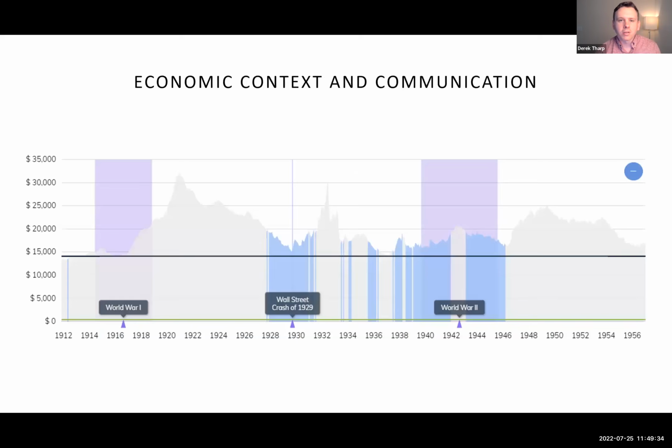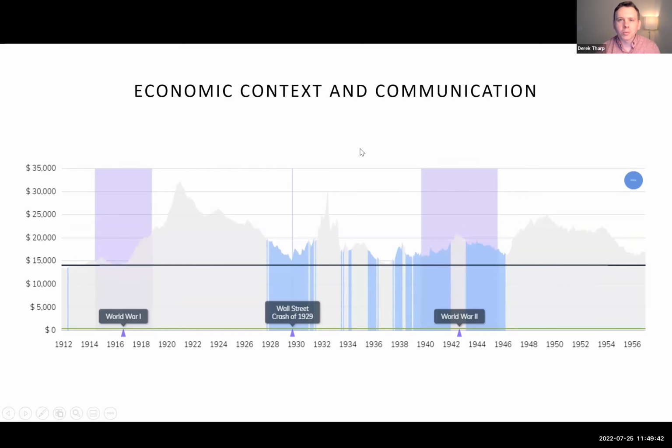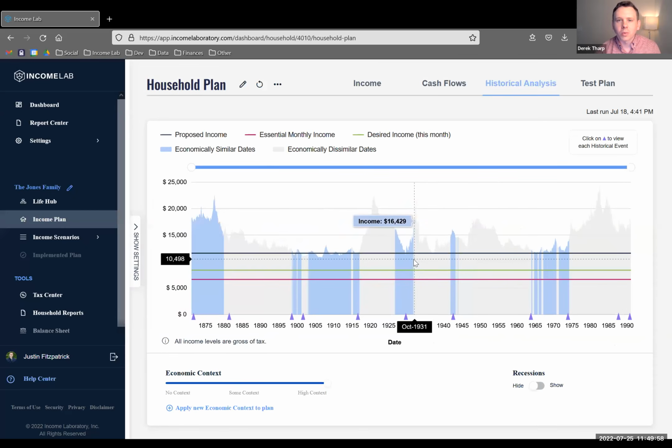Some clients enjoy history, and I've had clients that really get lost in this chart, asking what was this, what was that, especially when you look at the recessions and all the neat things you can turn on in the chart. So I do have a lot of questions that come up around that, and why were certain areas low?